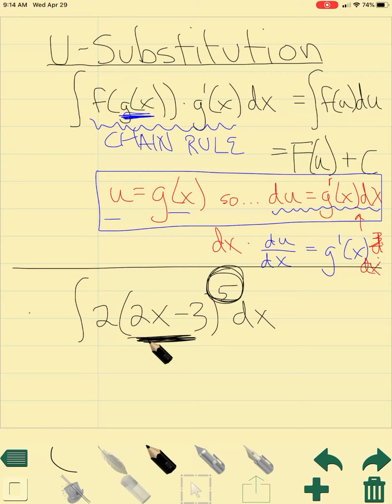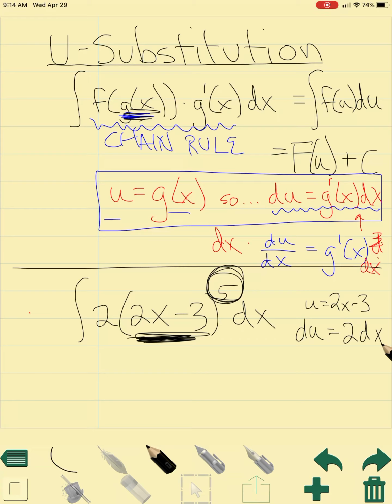So what we want to do is use what some people call the reverse chain rule, but U-substitution in this sense, where our u value is going to be the value that's on the inside, just like how I set up here. So it's going to be 2x minus 3. And so your du is equal to 2 dx.